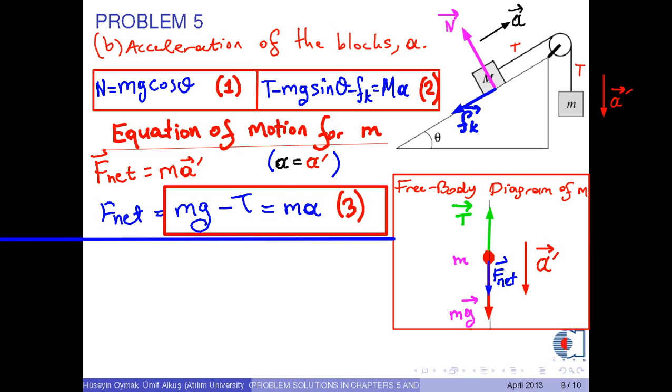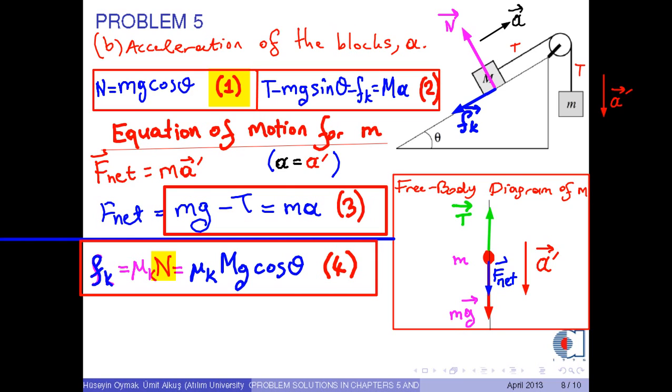And finally, the kinetic frictional force is calculated by the formula fk equals mu k times N, or equally by equation 1 for N, we have fk equals mu k times capital M times g times cosine theta. And let's call this equation 4. In order to progress, let me use a new page.